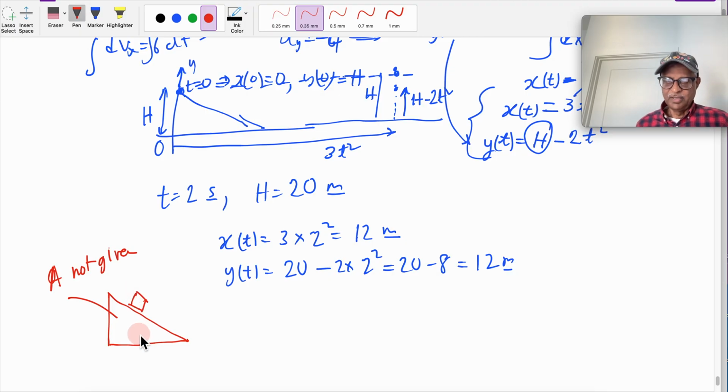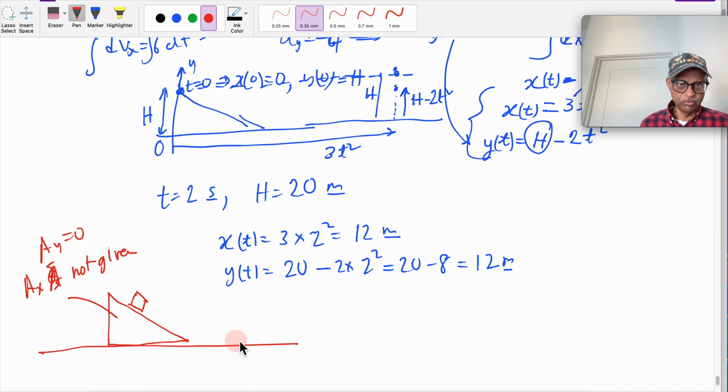Now, okay, so you find equation that gives the, so this is ax, ay is 0. So now you place this on a table, frictionless. So you find this guy's acceleration and this guy's acceleration.